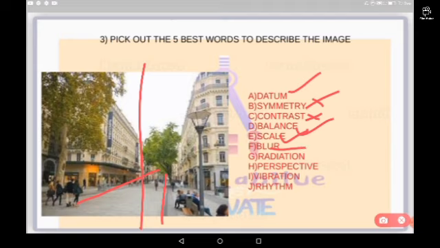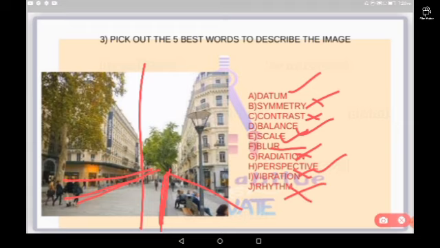We need to find out the 5 best words, right? Is there any radiation? It's not a radiation, but it's perspective that makes us feel like everything is radiating like this. It's due to perspective, right? So we can cut radiation. And is there any vibrating effect? No. Is there any rhythm?